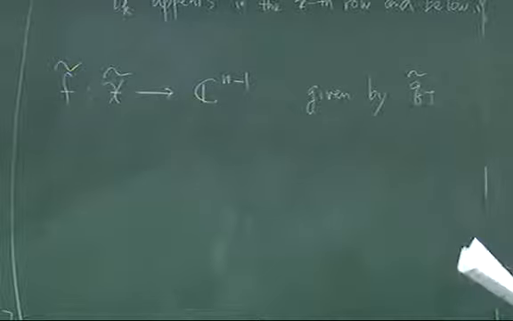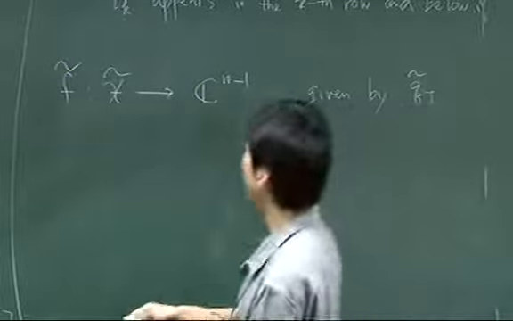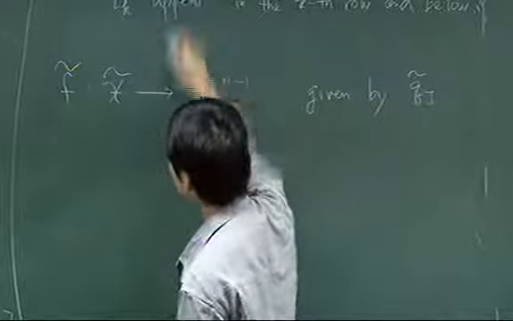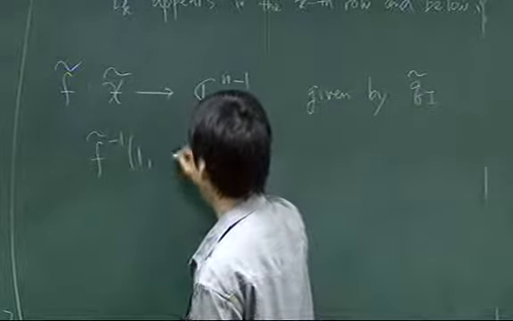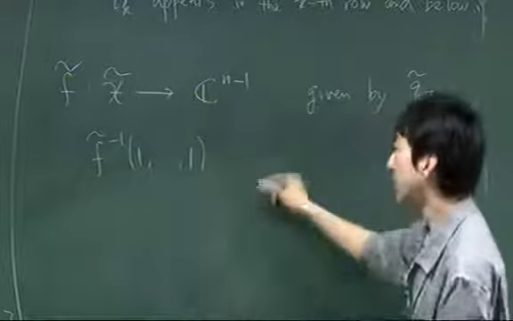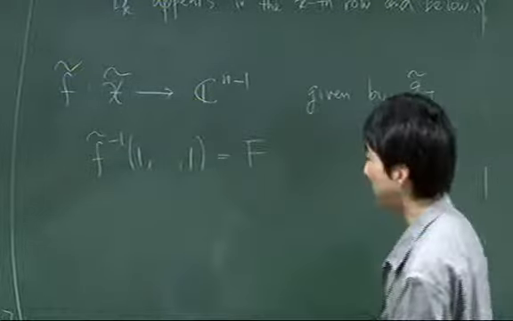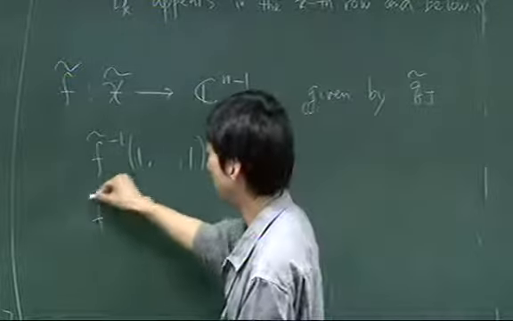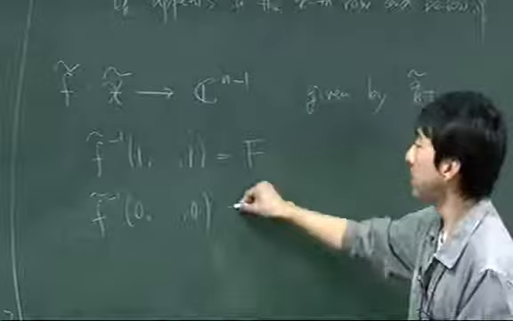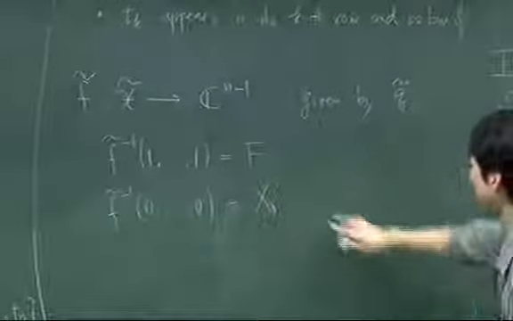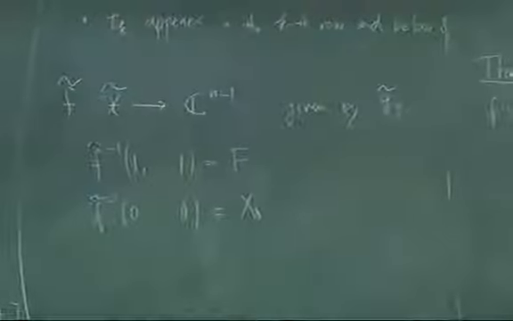Then from this property, the fiber over 1111 is now the flag manifold. The fiber over 0000 is this toric variety.